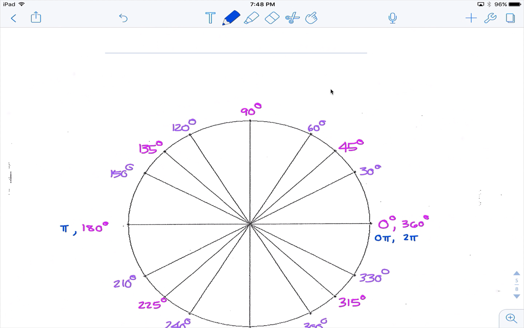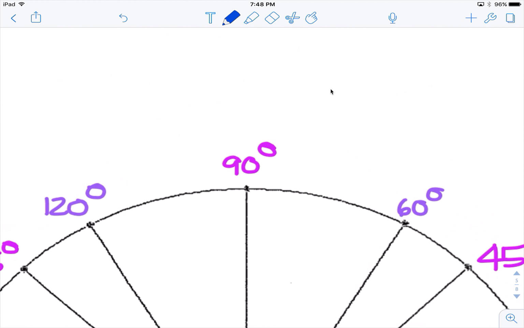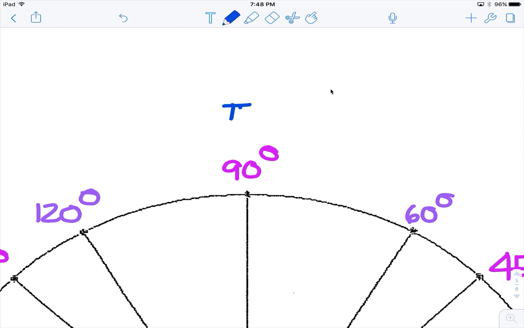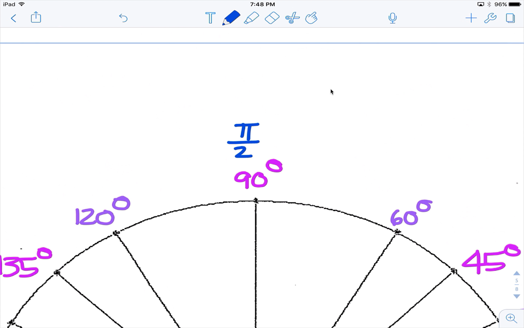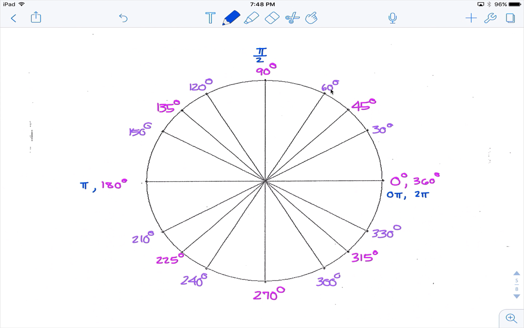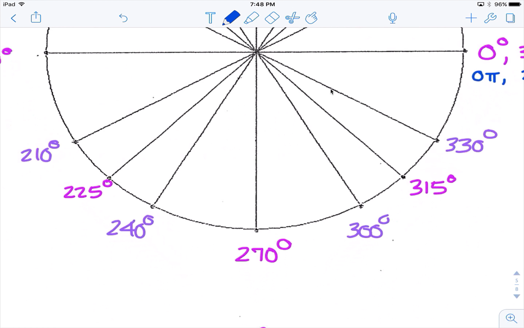Halfway between 0 and pi would be pi over 2. And then halfway between pi and 2 pi would be 3 pi over 2.